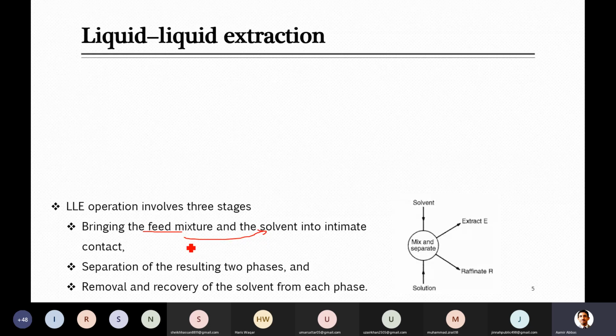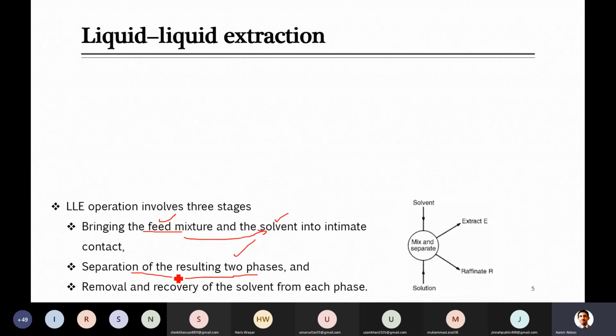We will look at a few more diagrams where you can see clearly that it gets separated into 2 phases under the action of gravity, and when there are 2 phases, one will definitely be of the solvent and one will be of the feed. Some components of the feed are actually transferred from the feed to the solvent after settling.